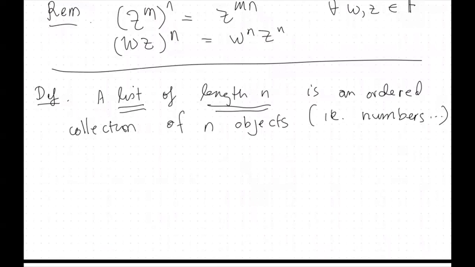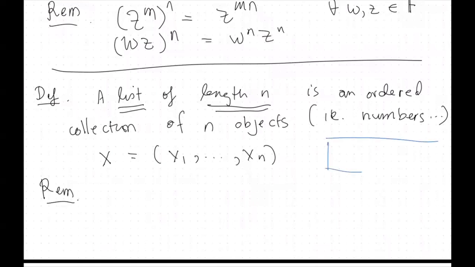An element, a list, we can write as x1 to xn. We have to remark that some people call this an n-tuple of objects, but it can depend on your reference.